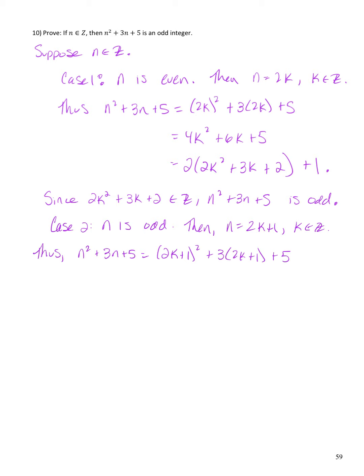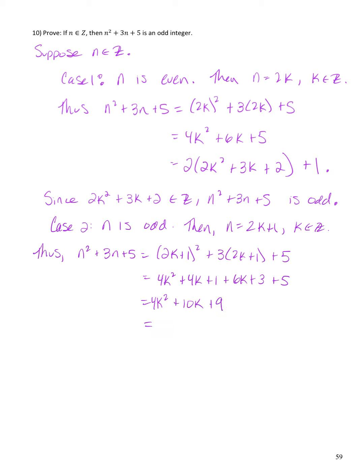We distribute, we combine like terms, and we get 4k squared plus 4k plus 1 plus 6k plus 3 plus 5. Combine like terms, 4k squared plus 10k plus 9.